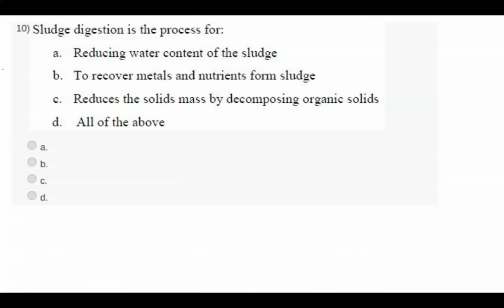Then, sludge digestion is a process for reducing water content of the sludge, recovering metals and nutrients from the sludge, reducing solid mass by decomposing organic solids, and D, all of the above.